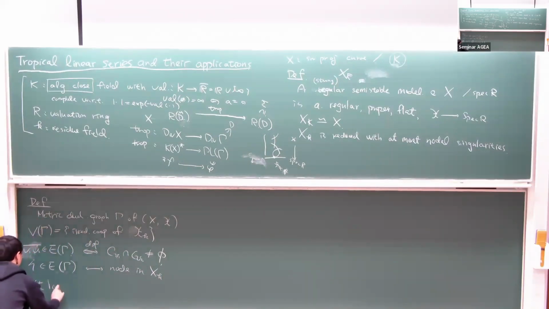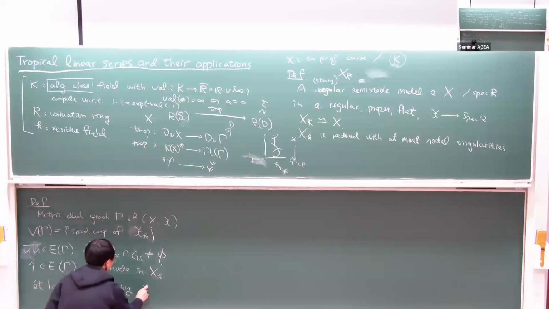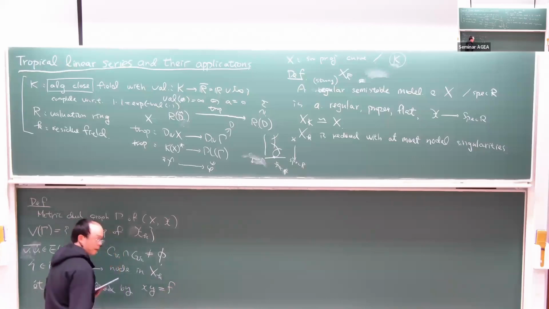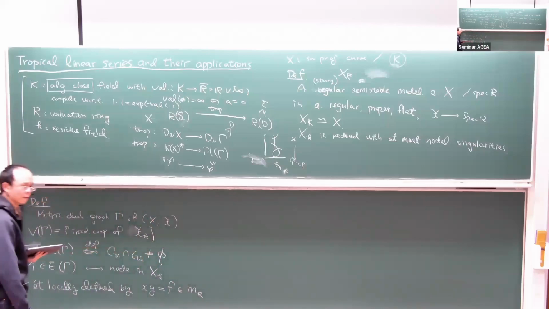Locally it is defined by the following equation: xy equals f, where f is an element in the maximal ideal of the valuation ring.